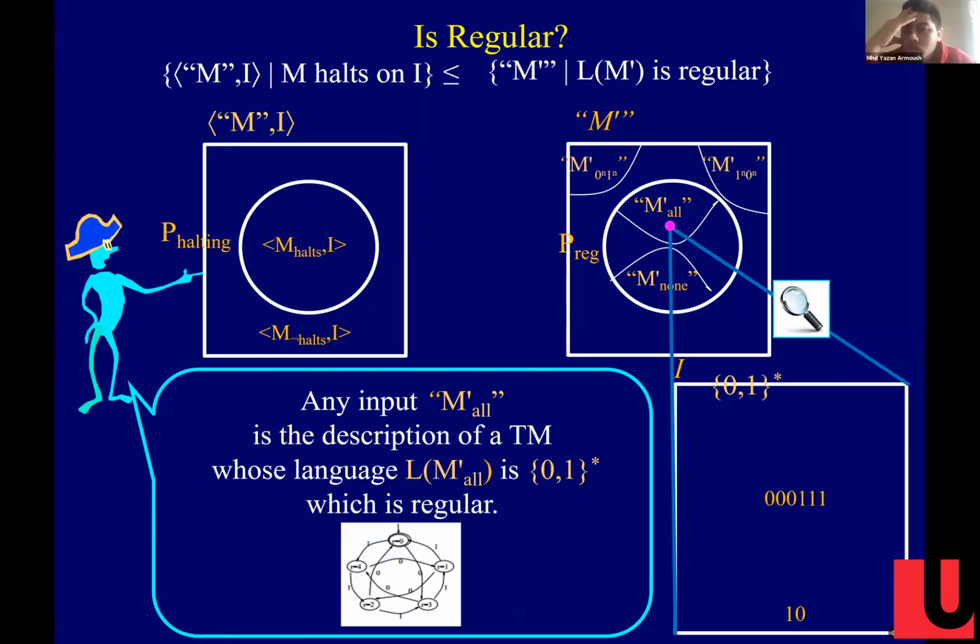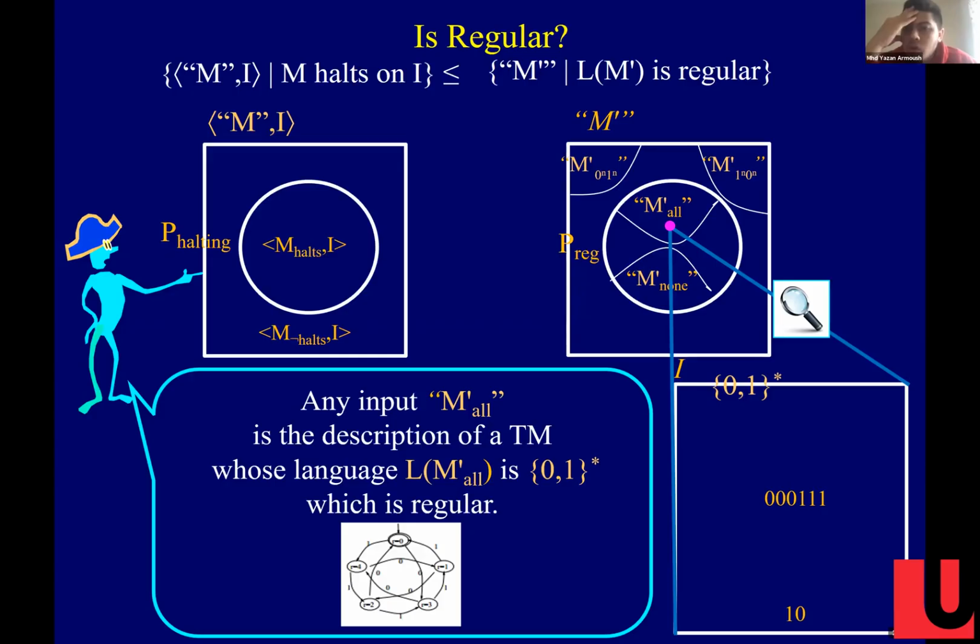Everybody follow? We're just finding different types of inputs to the oracle and what the oracle would say. For this type of input, the oracle will say yes, and for this type of input, the oracle will say no.